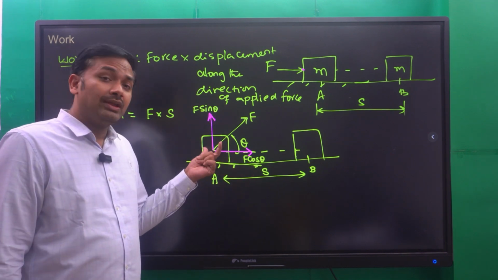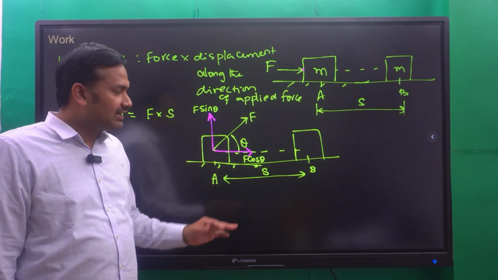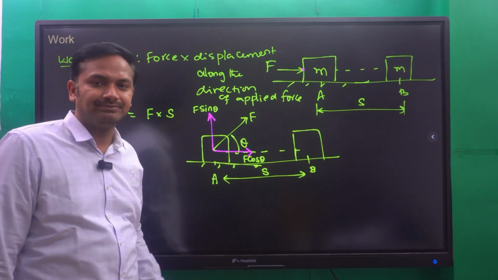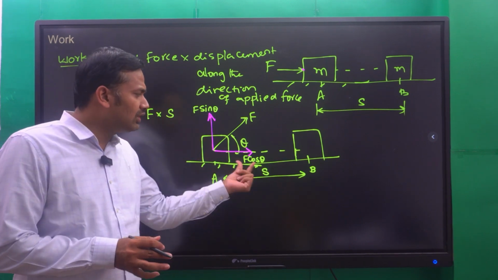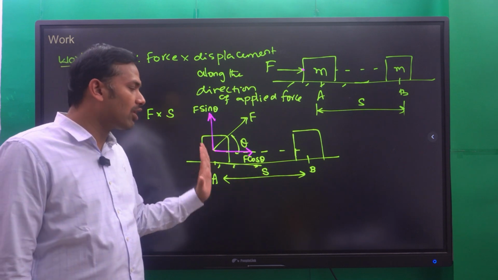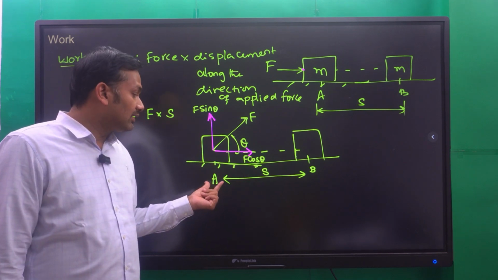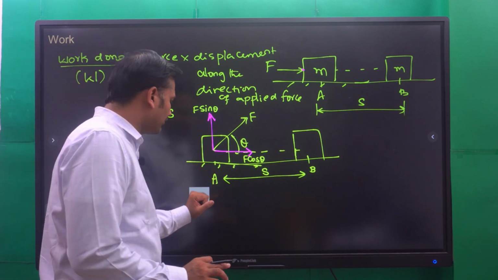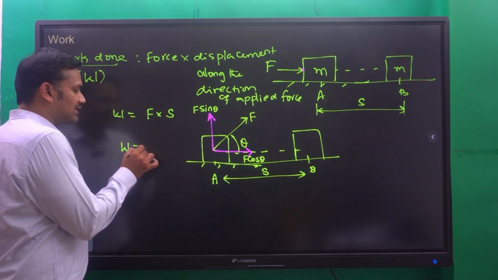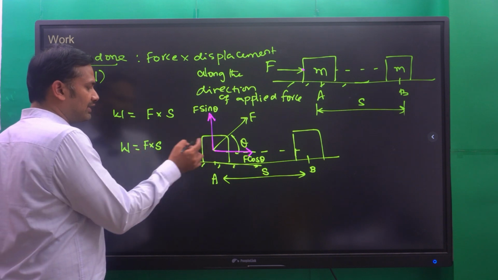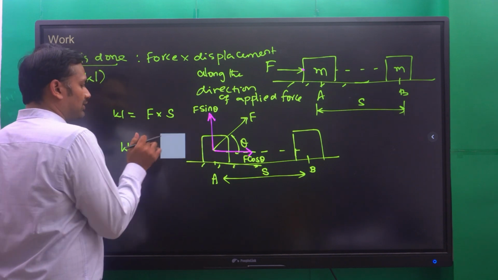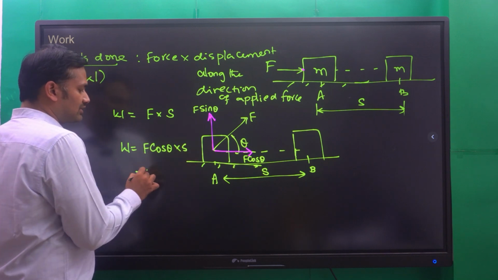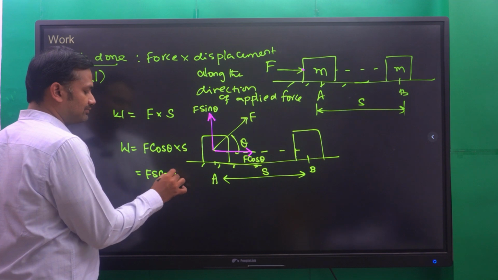Because of only the horizontal component F cos theta, the block has moved from point A to point B. So work done is F cos theta into S, which becomes F S cos theta.